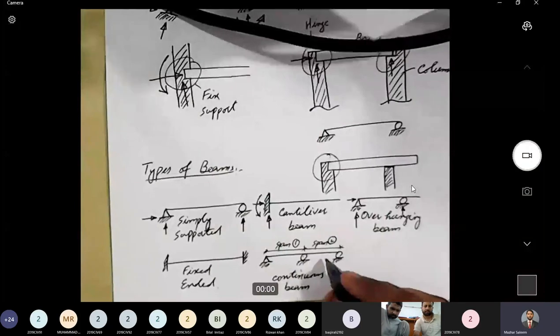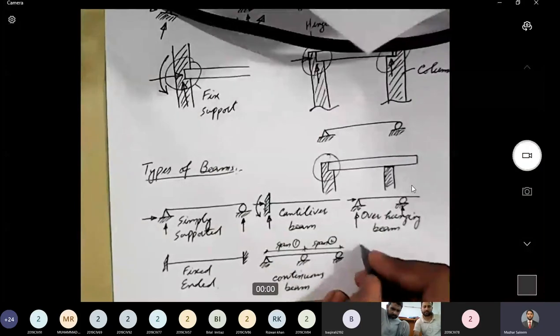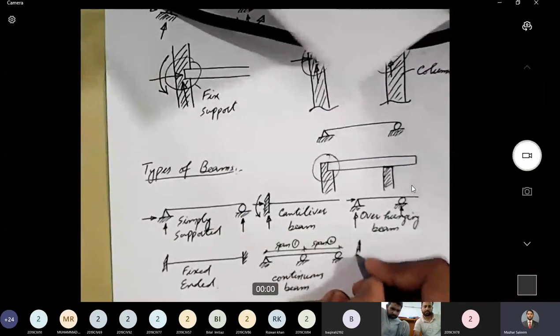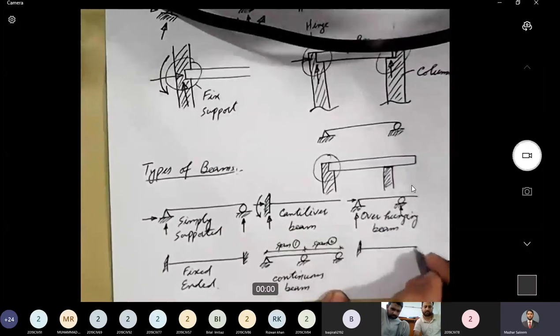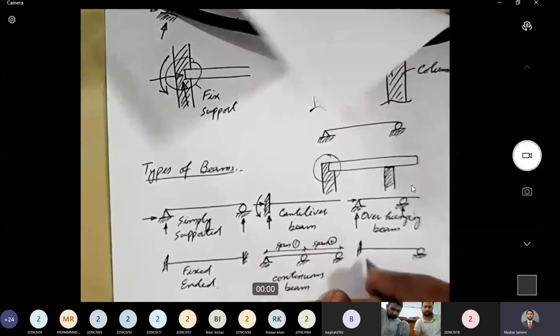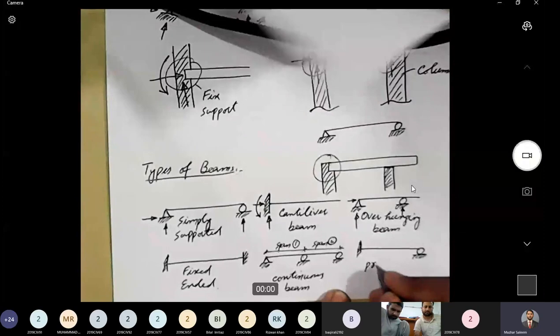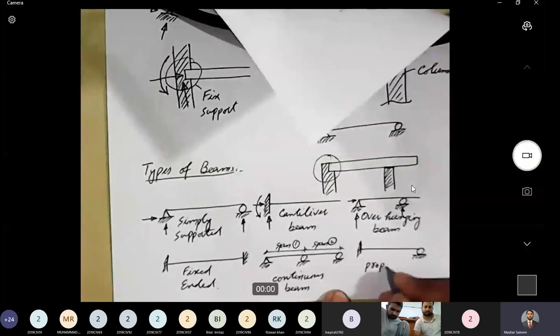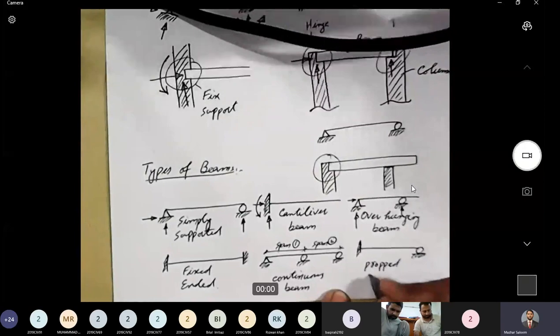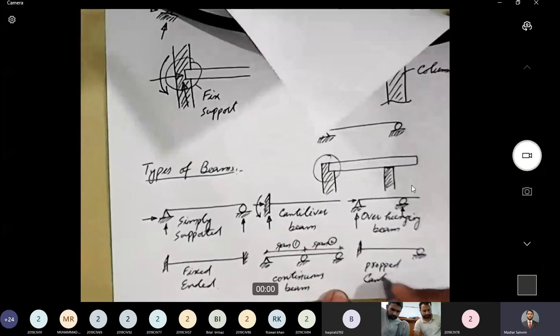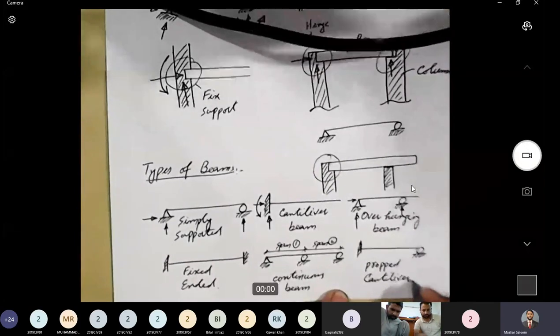So this is a continuous beam, and then we have another type. This is termed a propped cantilever beam. P-R-O-P-P-E-D, propped cantilever.